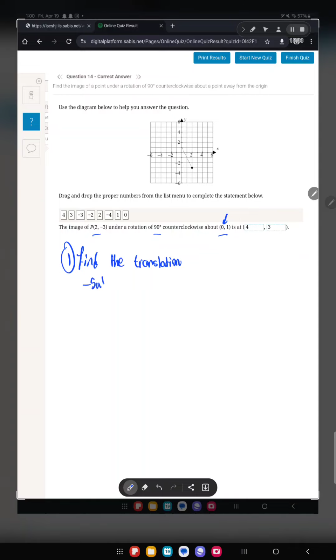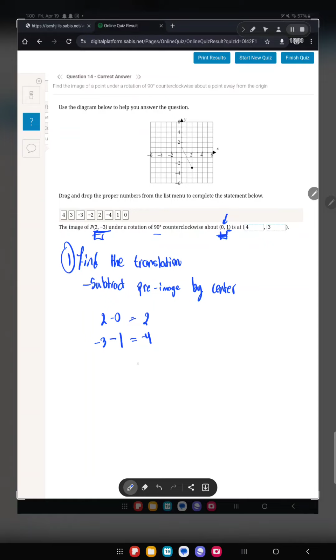We said subtract the pre-image by the center. So 2 minus 0, minus 3 minus 1, because the point is 2, minus 3 minus 0, comma 1. This is going to be equal to 2, minus 4.